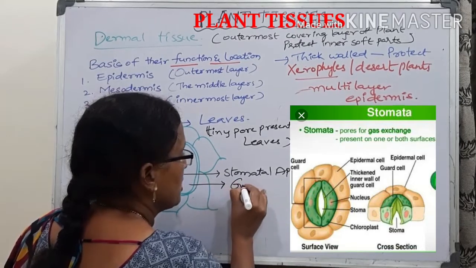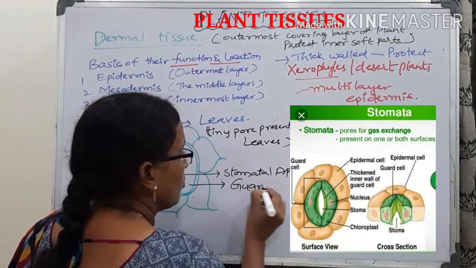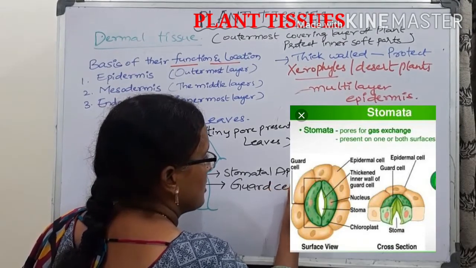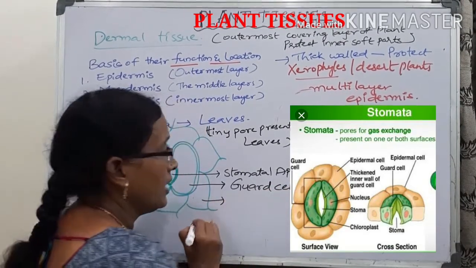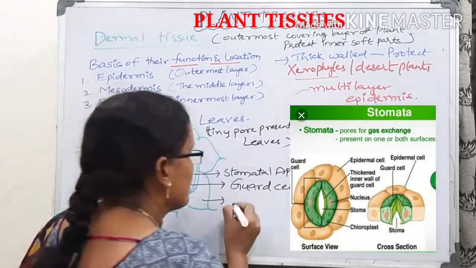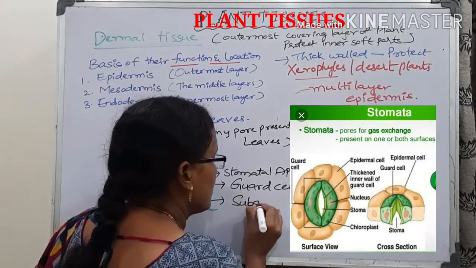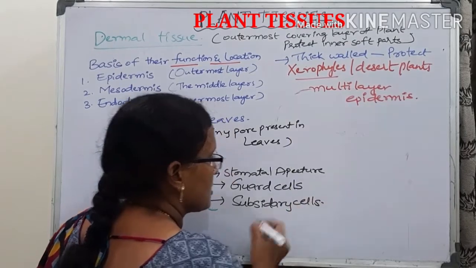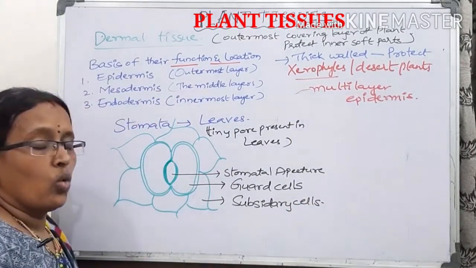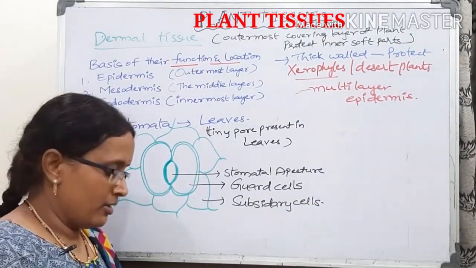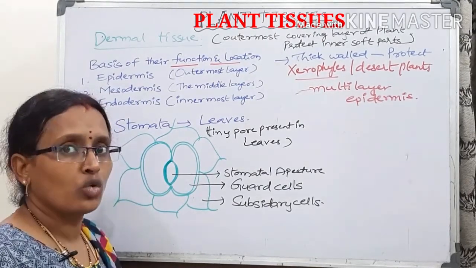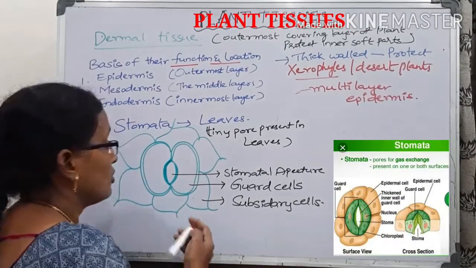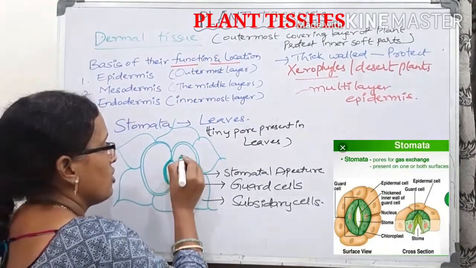They are protecting the pore, so that is the reason they are known as guard cells. They are surrounded by several epidermal cells known as subsidiary cells. The only epidermal cells which have chloroplast are the guard cells.